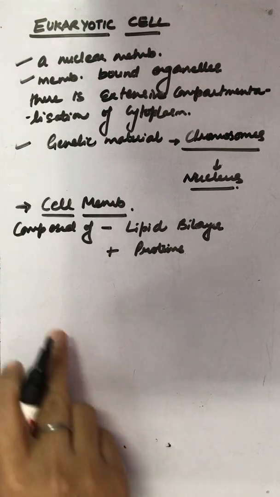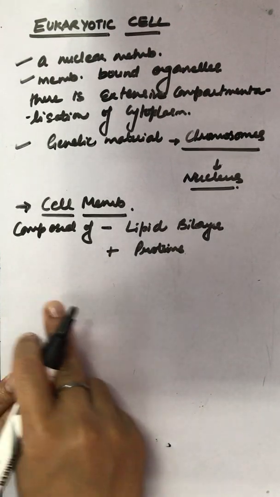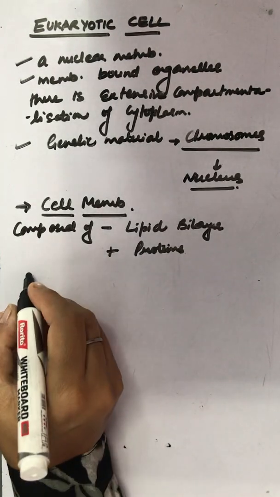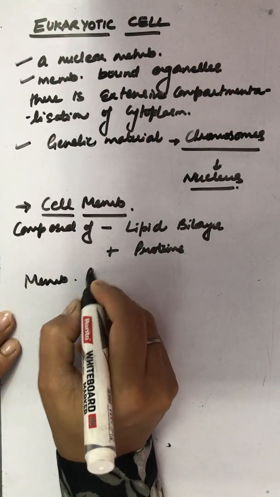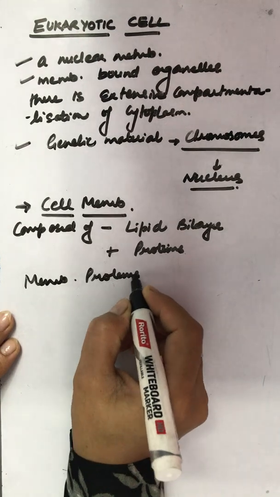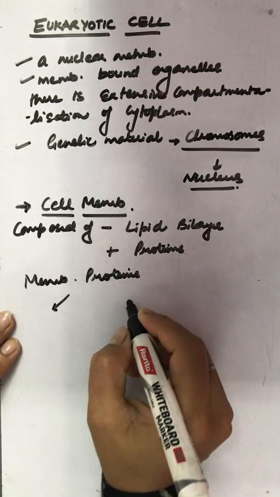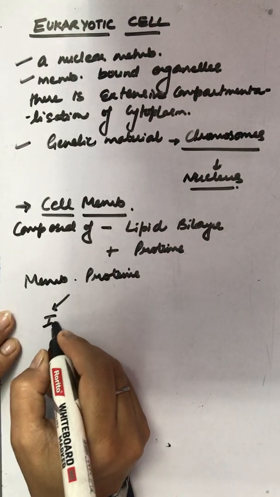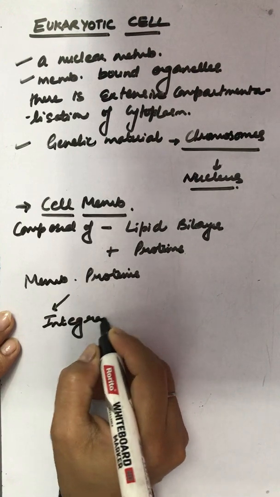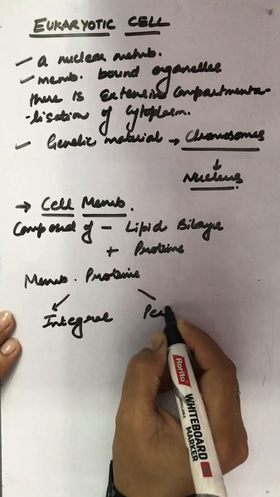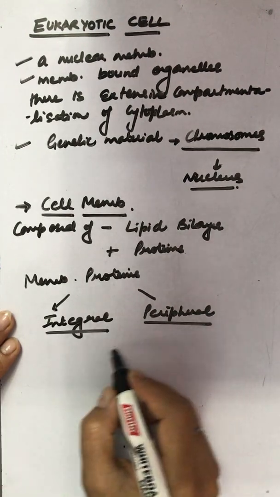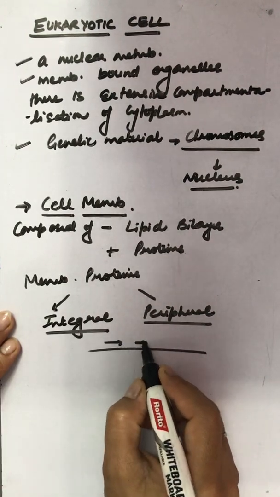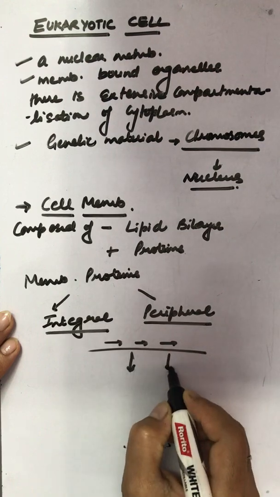Then the proteins which are mainly present on the membrane, these membrane proteins are classified into, they can be integral and they can be peripheral, depending upon the location, whether they are on the periphery, that means on the top, or whether they are integral, in between.